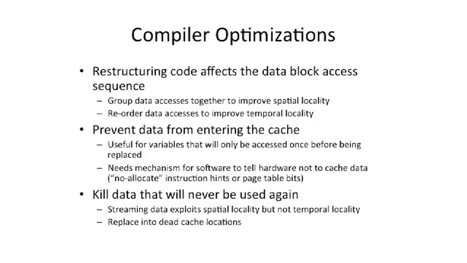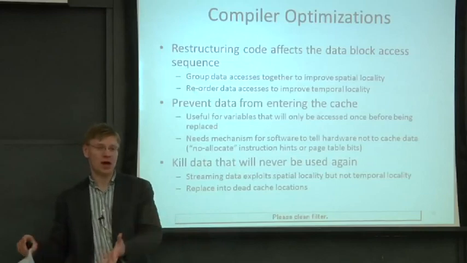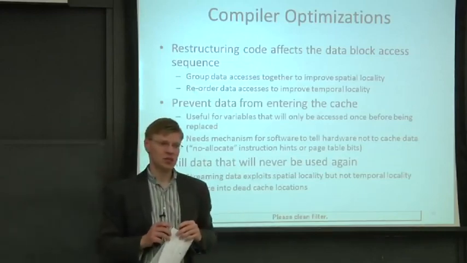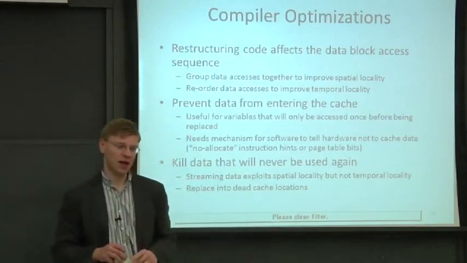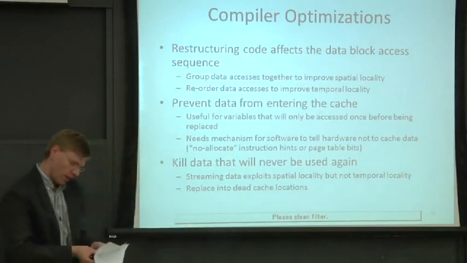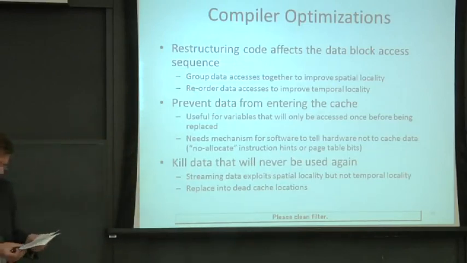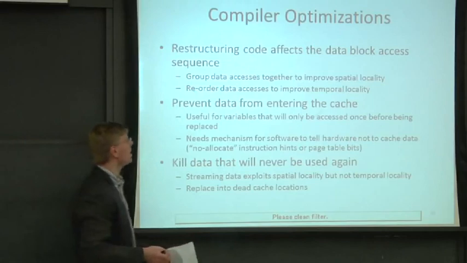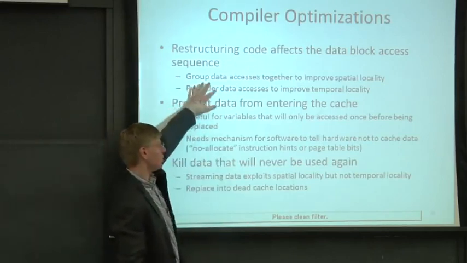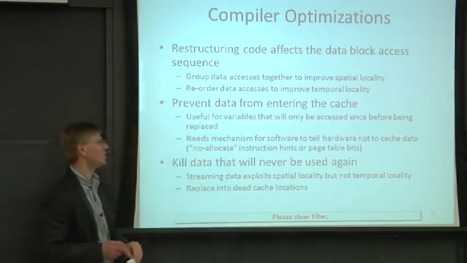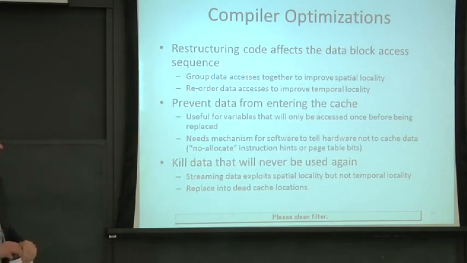This improves performance by making the access patterns either not conflict in our cache, or conflict in our cache in a strange way which is beneficial, or somehow exploit either temporal or spatial locality. So you can do lots of tricks here to improve spatial or temporal locality.